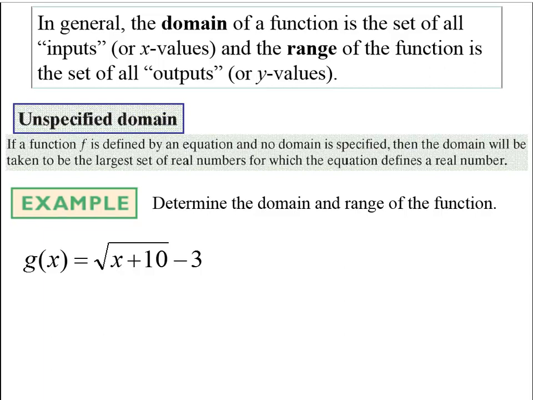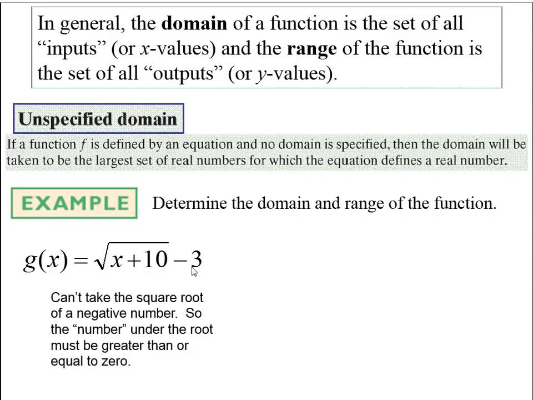So how would I find the domain of this function? The quickest, most efficient way is to say to ourselves, well, we know this number under the radical, x plus 10, can't be negative. Since I know the square root of a negative is not real, I'm going to make x plus 10 greater than or equal to 0.